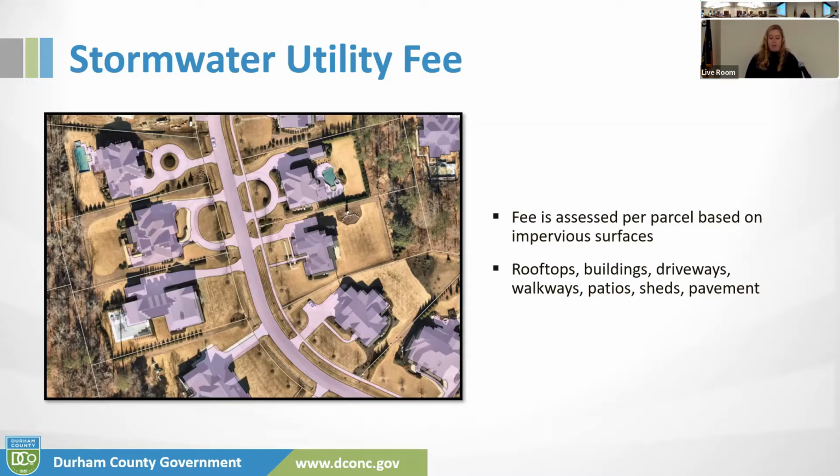I can go on, but that's essentially what we're looking for. The first year this fee was implemented was 2020, and due to COVID, we decided to initially bill owners at one third of our original proposed rate. We didn't want to provide an extra burden.